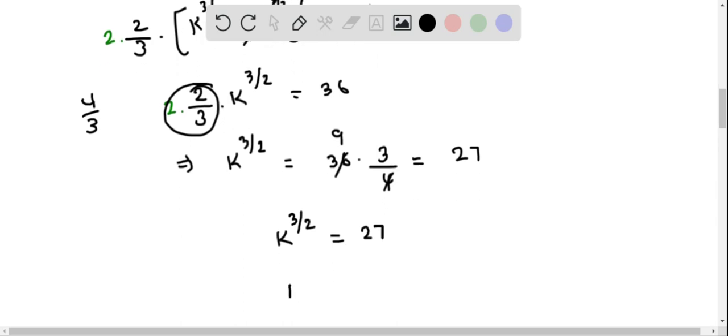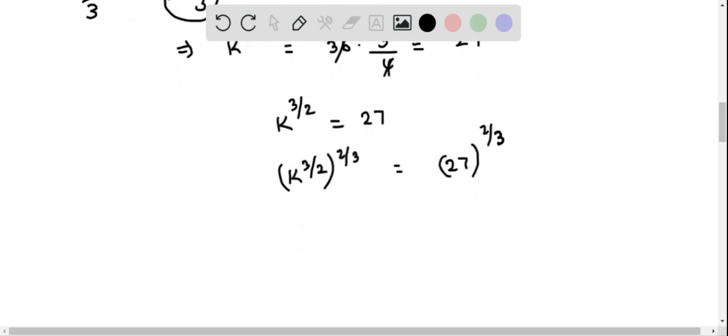Now we raise both sides to the power of 2 thirds. These two powers get cancelled, and we get k equals 27 raised to the power of 2 thirds.